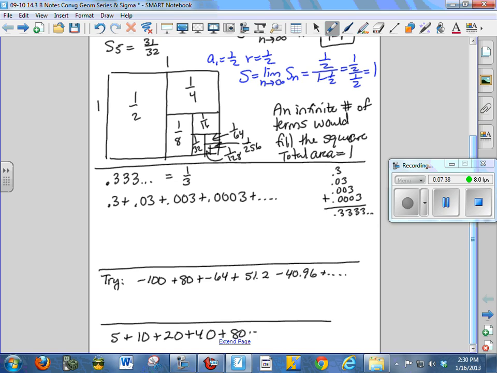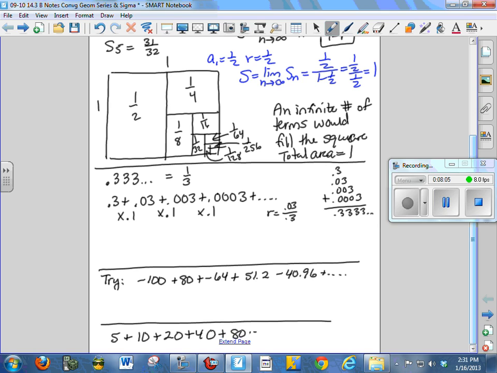To get from one term to the next, we multiply by 0.1, because if you multiply by 0.1, it moves the decimal to the left one space. So this is times 0.1 times 0.1 times 0.1. You could also convince yourself of that by saying r is equal to 0.03 divided by 0.3 and so forth.